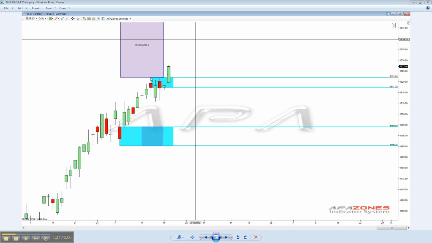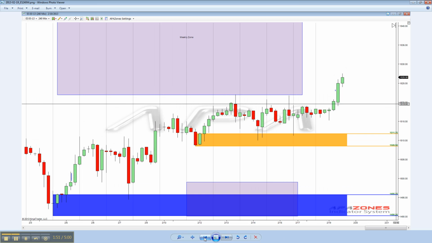But you can see how we just came up there and kissed it on the daily chart, and it looks very, very pretty how that worked out for us. We created a new area of resistance there, but we've broken through, so we are now inside this weekly zone in a major way, just looking for price action to confirm the downwards move out of this big weekly supply zone.